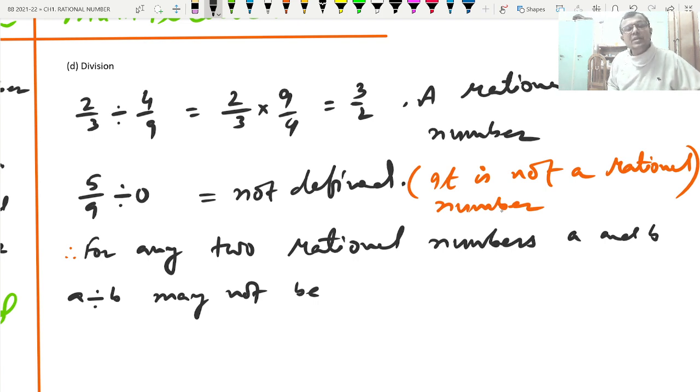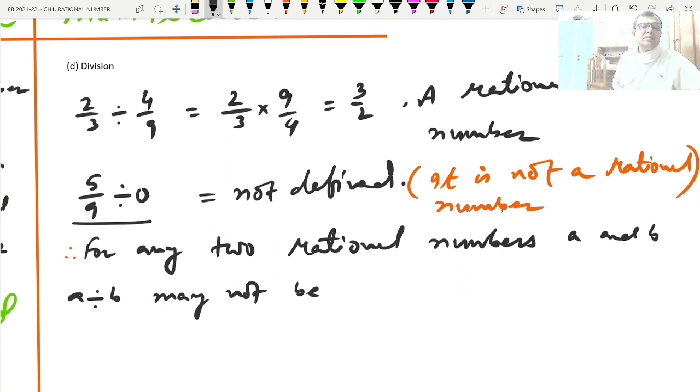If 99% of cases are rational numbers, but in one case it is not rational, then it will not be closed. Sometimes it may be, but in one case when divided by 0, it will not be defined.